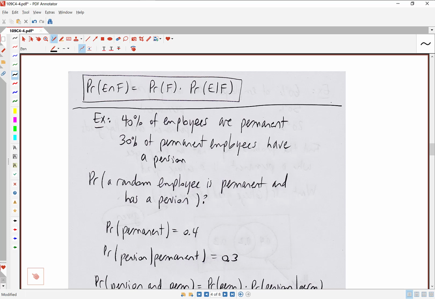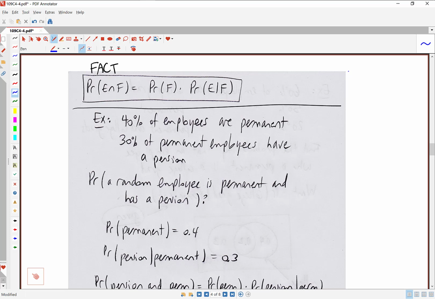So let's look at one more fact related to this conditional probability formula before we jump into an example. You can rearrange the conditional probability formula so that it reads probability of E intersect F is equal to probability of F times probability of E given F. If you want, I can show you on the side how that rearranging would work.